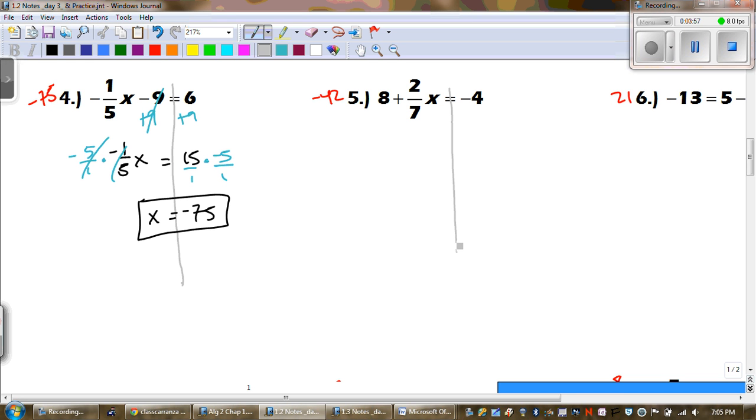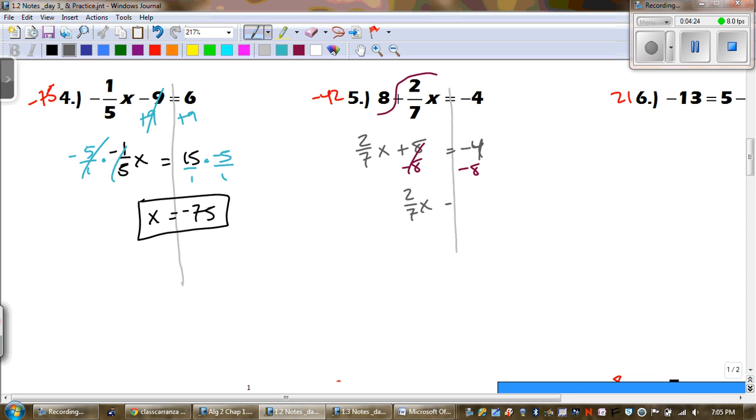Okay, number 5. Now, if you need to, we can rewrite this, okay? But what type of 8 is that? Is that a positive 8 or subtracting 8? Well, it's a positive 8. So if you know right away, like, yo, Mr. Grice, it's positive, I can just subtract that, by all means, go ahead and do it. You're saving yourself a step, okay?